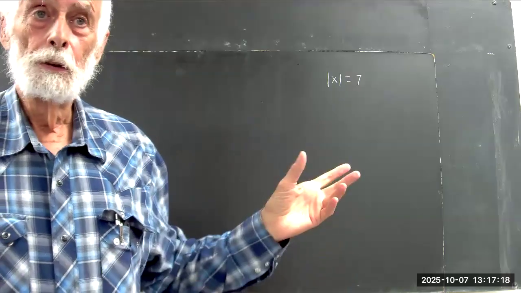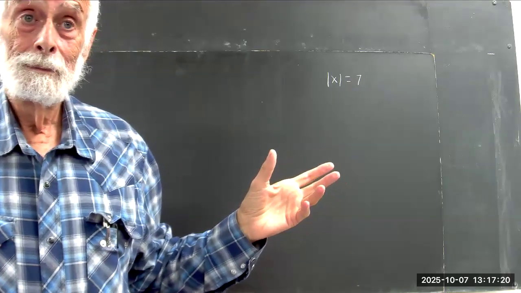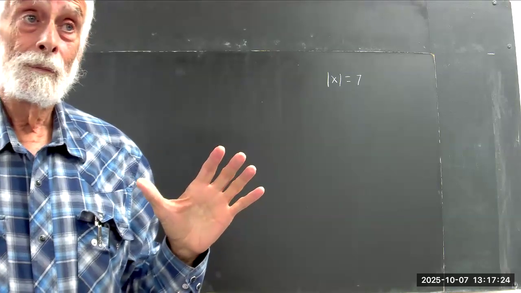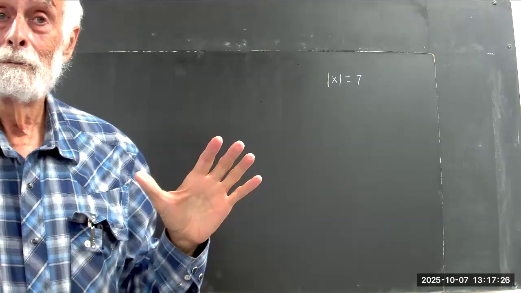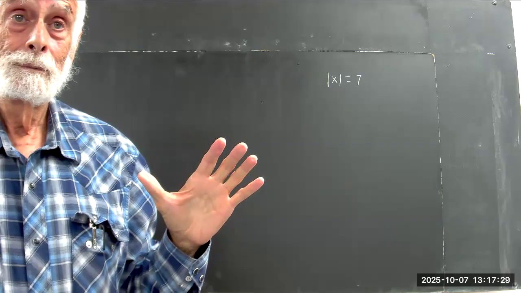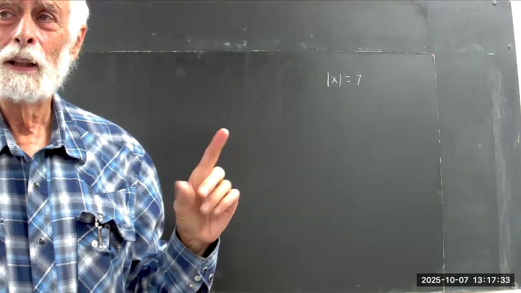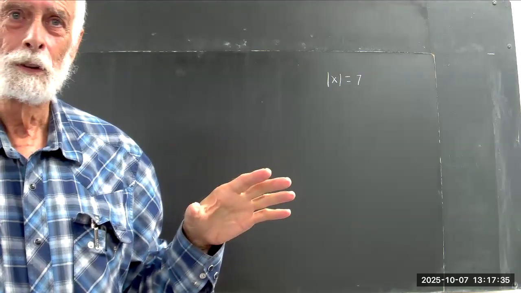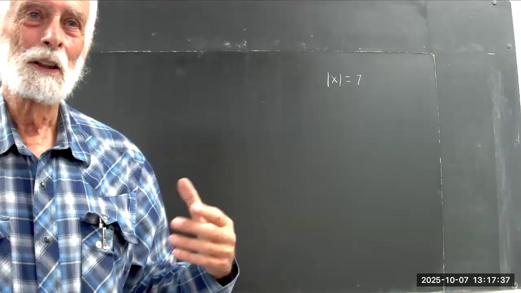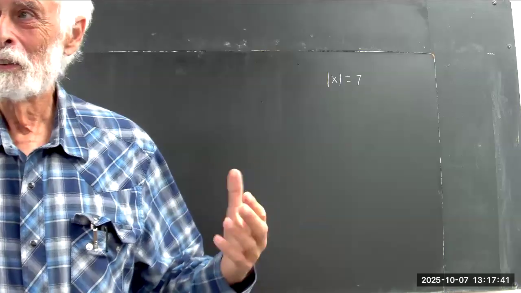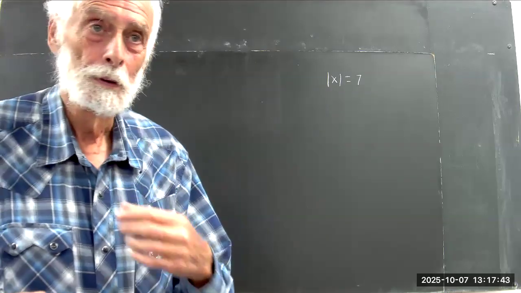Can everybody give me a solution to that equation with your fingers? Okay, I'm seeing 7. Any other solutions? I think you're trying to tell me -7. I think I saw somebody try to tell me -7, which is true.